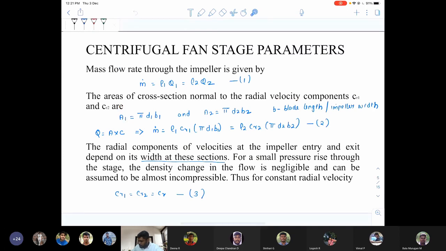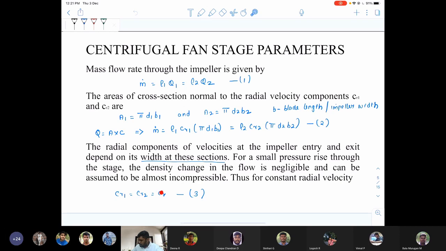A1 is equal to pi d1 b1 and A2 is equal to pi d2 b2. From this, Q is equal to area into the velocity component. Therefore, mass flow rate is equal to ρ1 CR1 into pi d1 b1, which will be equal to ρ2 CR2 into pi d2 b2.